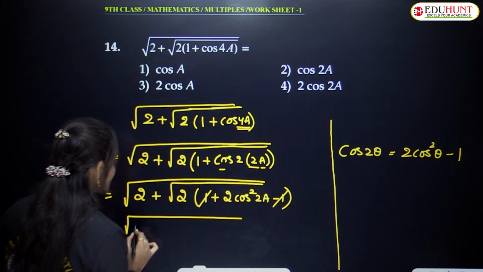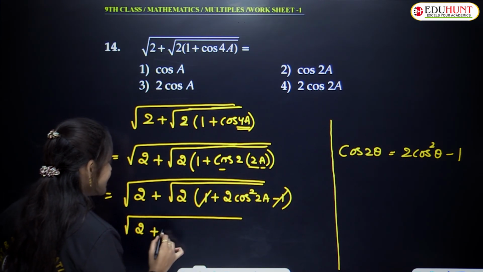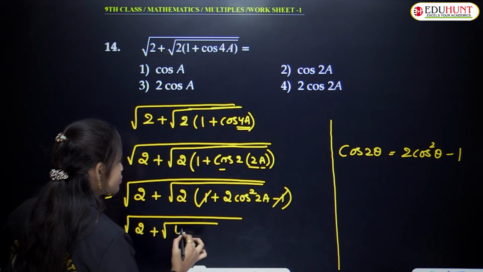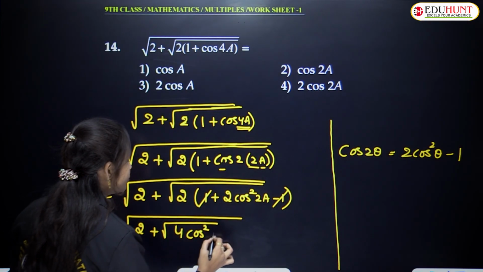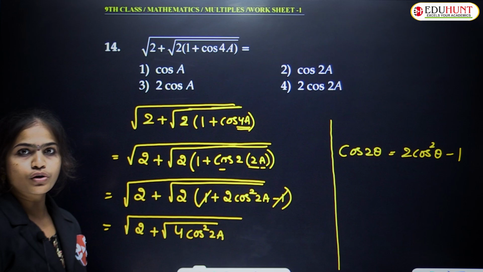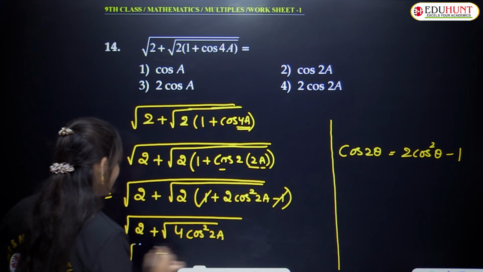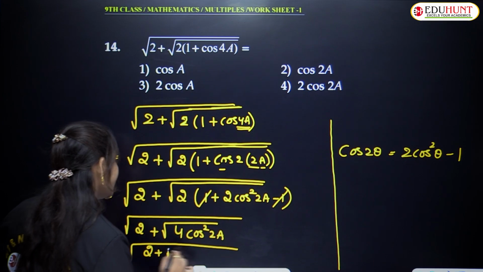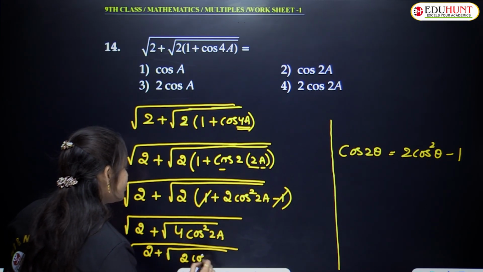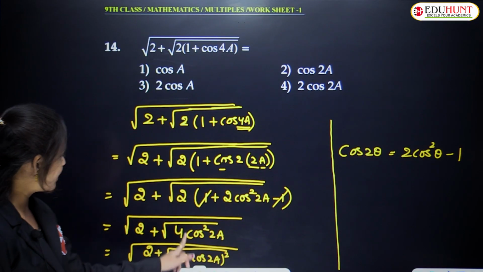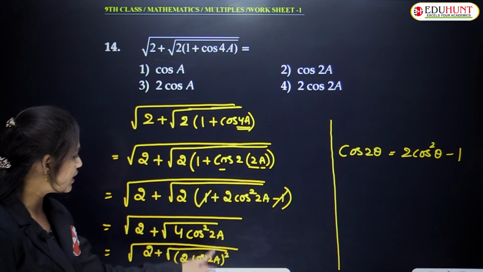From this, square root of 2 plus square root of 2 into 2 equals 4 cos square 2a. Now we can write this as square root of 2 plus square root of 2 cos 2a, whole square.